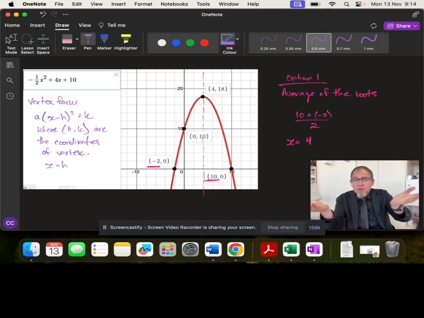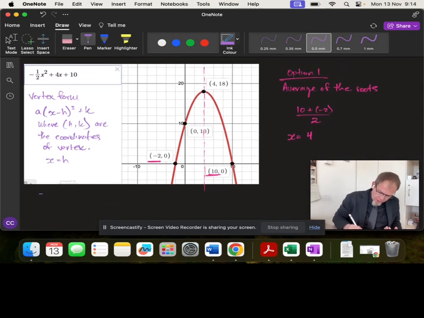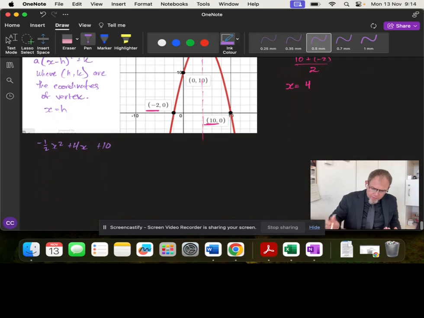So if it's in standard form, like this one happens to be, all we have to do is complete the square. So let's just go ahead and do that. So we've got negative 1/2 x squared plus 4x plus 10. All right. Well, in order to complete the square, the coefficient on x has to be 1.